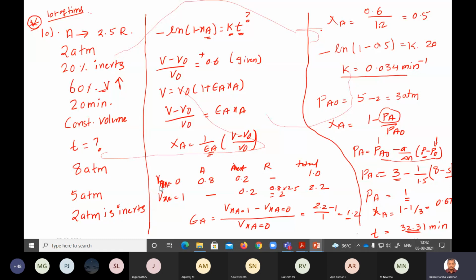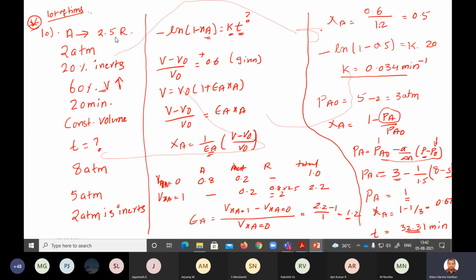We know that at XA is 0 and XA is 1, we have A, inerts, R and total. So A is 0.8, inert is 0.2, R is nil, total is 1. At XA equal to 1, A is 0 because at final conversion, entire A will react. Inert is the same, it won't take part in the reaction.